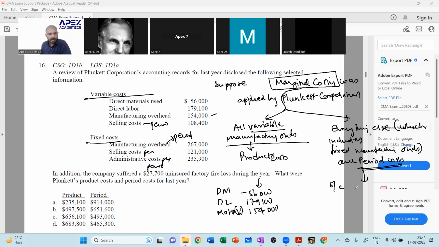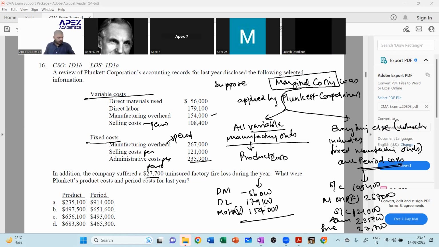So your selling costs 108,400 period. Your manufacturing overheads which are fixed, 267,000 period. Selling costs 121,000 period. Admin 235,900, and fire abnormal loss 27,700.